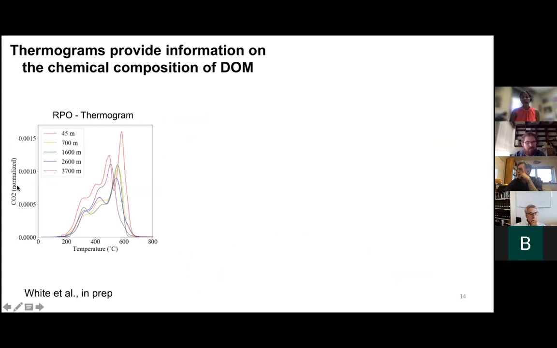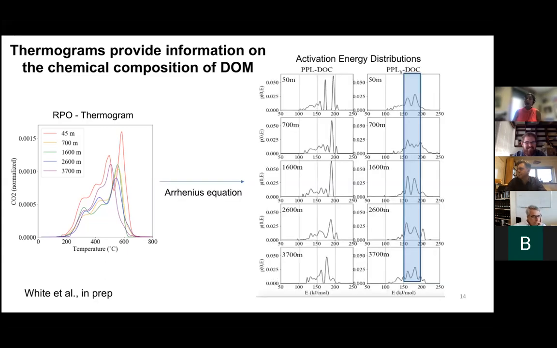You have carbon dioxide normalized to the starting carbon amount, and then temperature. This is what we typically refer to as a thermogram. In this case, I'm just showing you the thermograms for that first PPL fraction, not the digested one, so this is what the thermograms look like for the original extract. I won't get into this too much, but I'm happy to talk about it. You use that Arrhenius formulation and you can get a distribution of activation energy. There are two columns here.